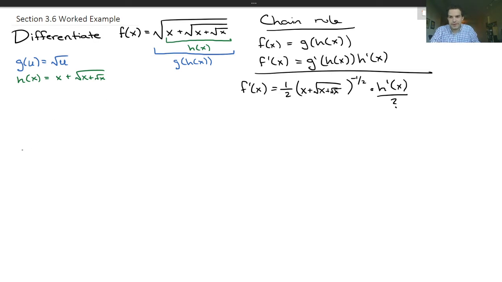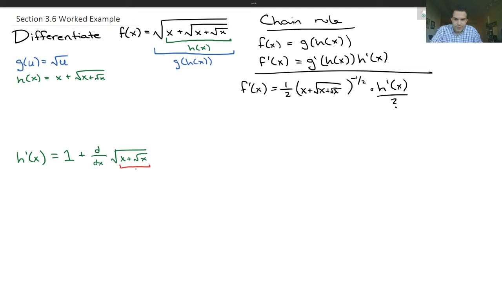So let's go down here to figure out what is h prime of x. Well, the first part, we can take the derivative of x. That's 1. And then it's going to be times whatever the derivative of square root of x plus square root of x is. And so here, this looks like another chain rule problem.